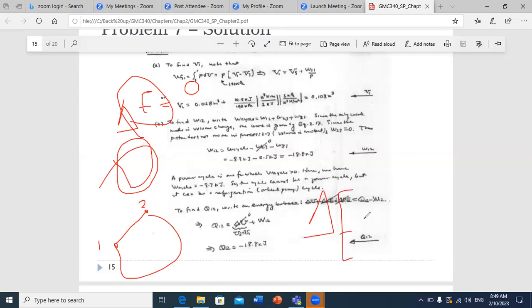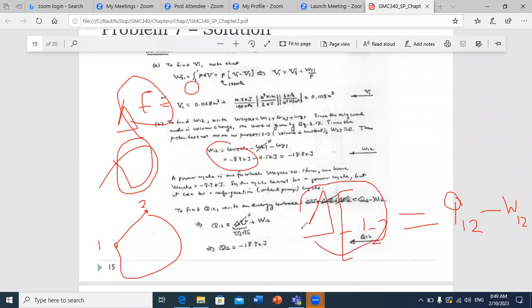But when you go from 1 to 2, you can write that delta E from 1 to 2 is equal to Q12 minus W12. W12 was already calculated in the previous step. For delta E between 1 and 2, we can decompose it into the variation in internal energy plus delta kinetic energy plus delta potential energy.